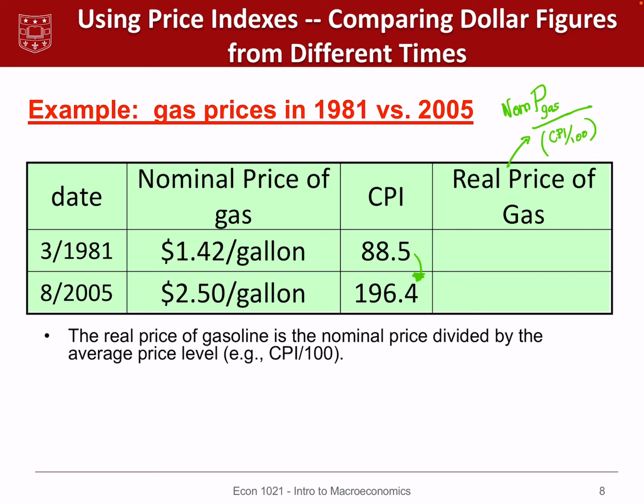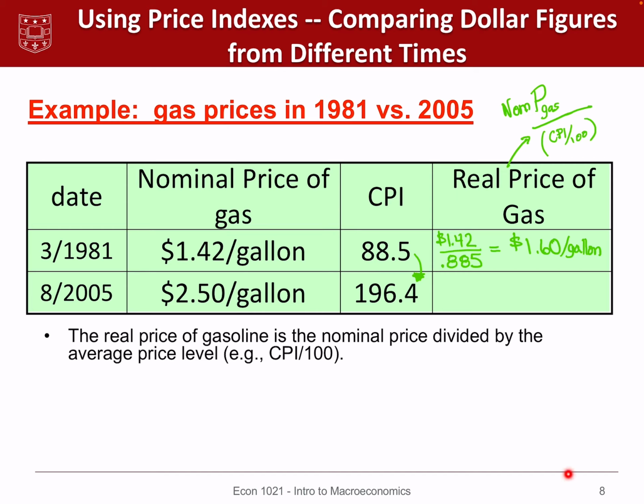The real price of gasoline in 1981 would be $1.42 divided by 0.885. And if I did my calculations correctly, this would be $1.60 a gallon. So the real price of gasoline in 1981 was $1.60 per gallon.